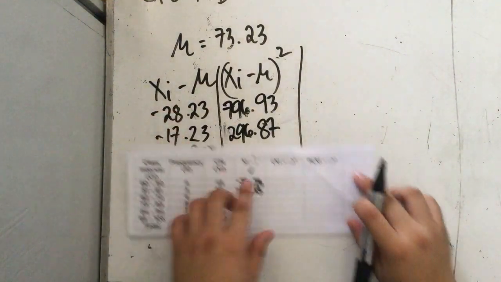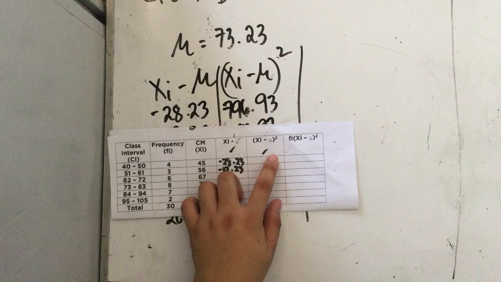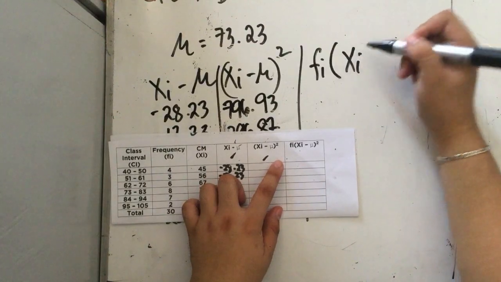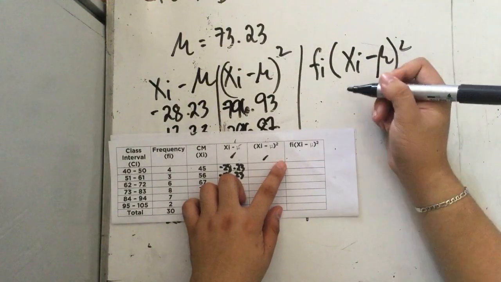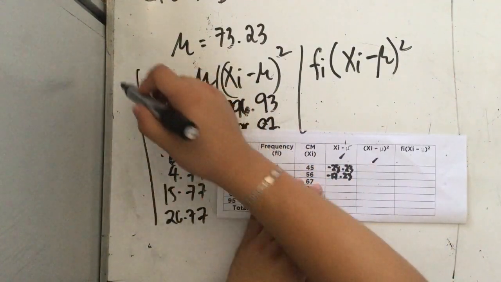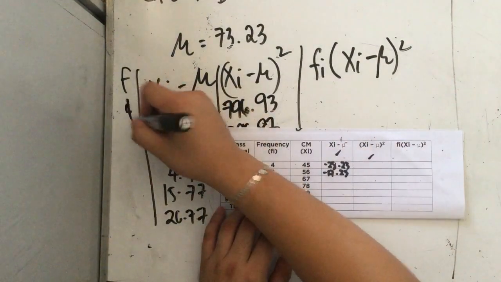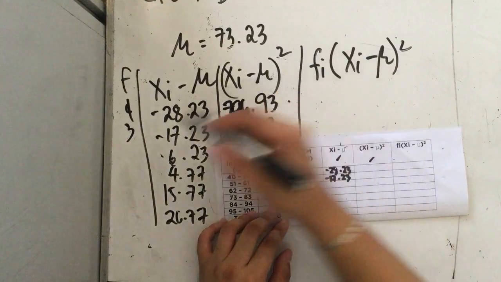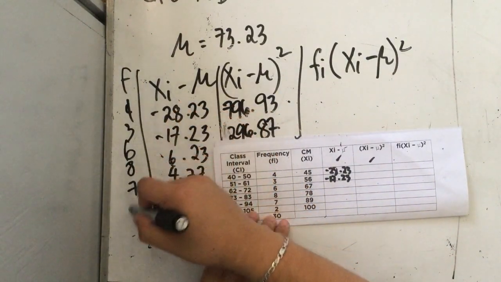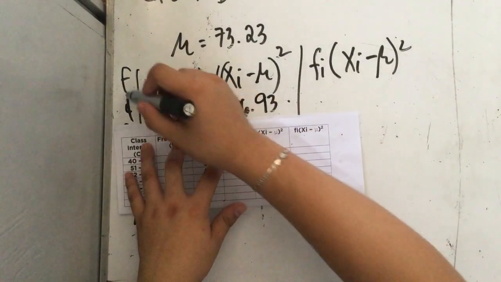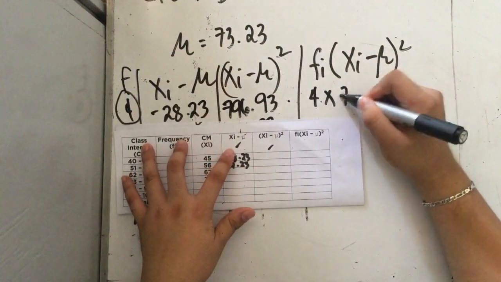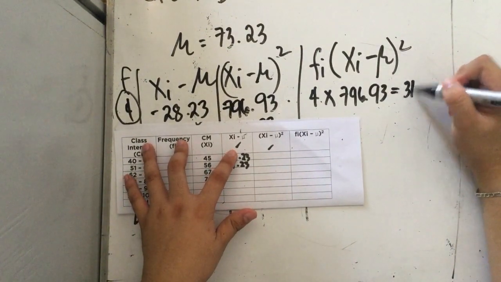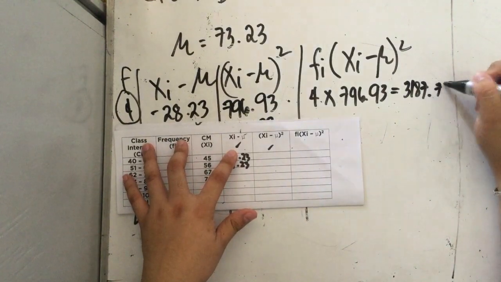Okay, then after we compute our x sub I minus mean square, next to compute is f of I times the class mark minus our mean square. So ang gagawin lang natin, we will just multiply yung value ng ating f to the x sub I minus mean square. Okay, so for our first row, we have 4 times 796.93, which is equal to 3187.73.